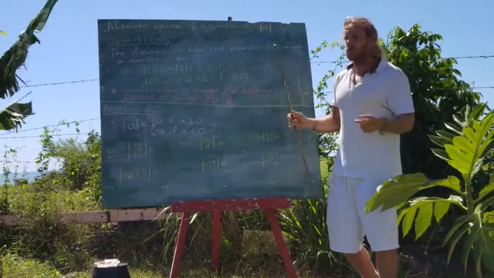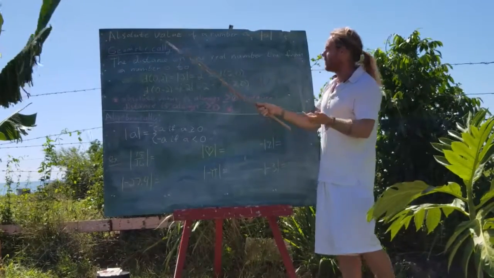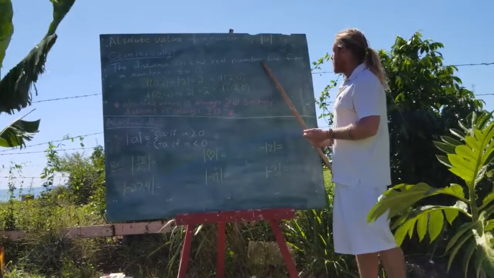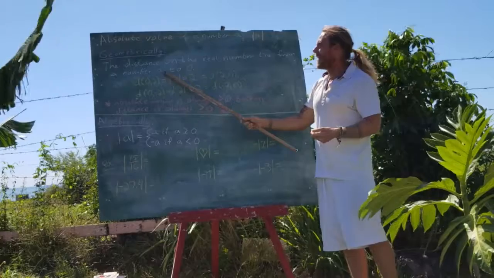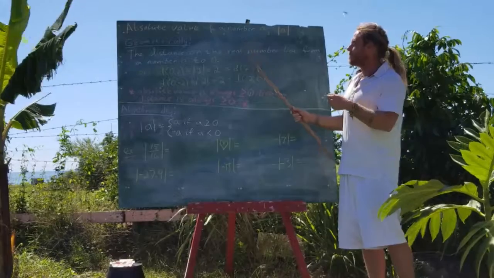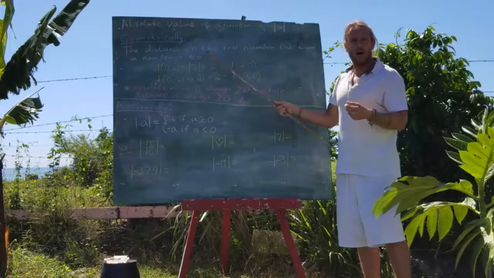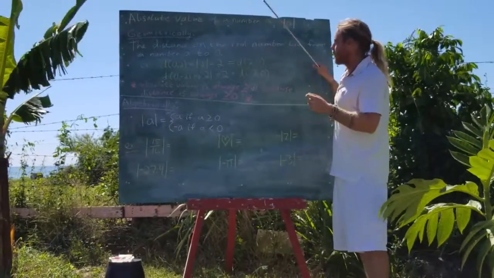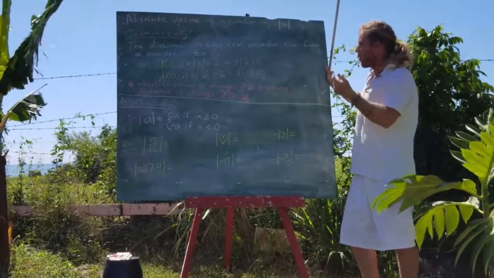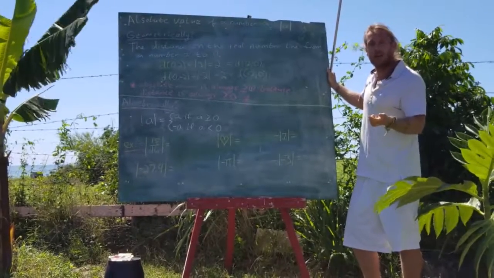Let's first look at it geometrically, which we've already been doing with our distance example. A geometric description of the absolute value of a number A is the distance on the real number line from the number A to 0. Just like our town A, the distance between that and 0 is the absolute value of A. A, from our last example, was 120 miles from our origin, from our home, that is 0, so the absolute value of town A was 120.